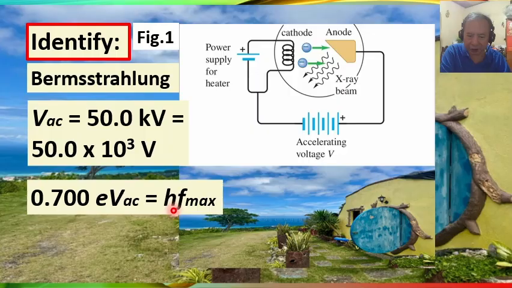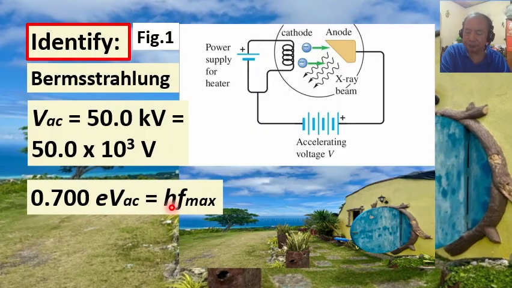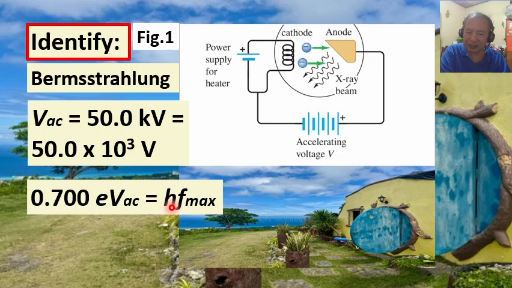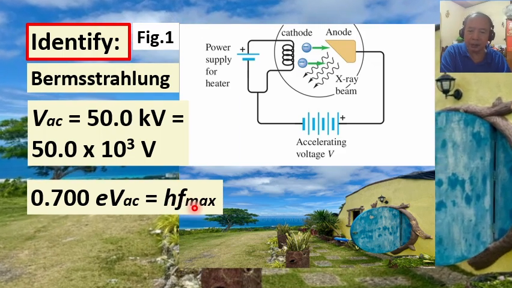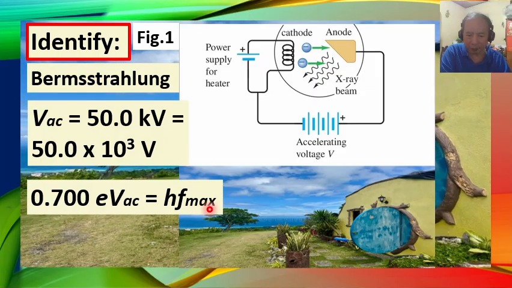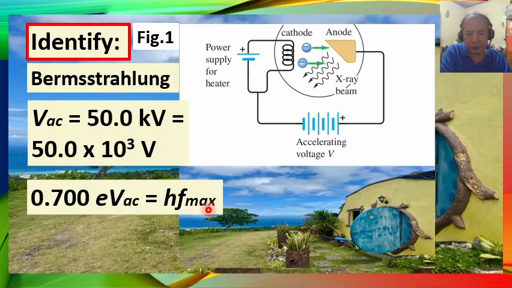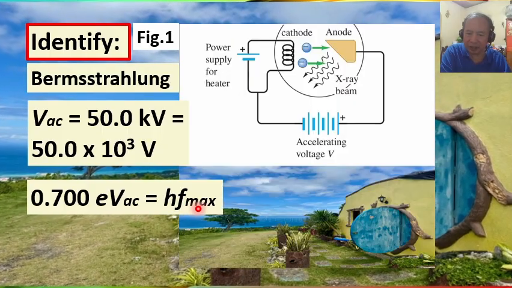And the photon energy is expressed as the product of Planck's constant, denoted by small letter h, and the maximum frequency of the photon, or the radiation such as X-ray.